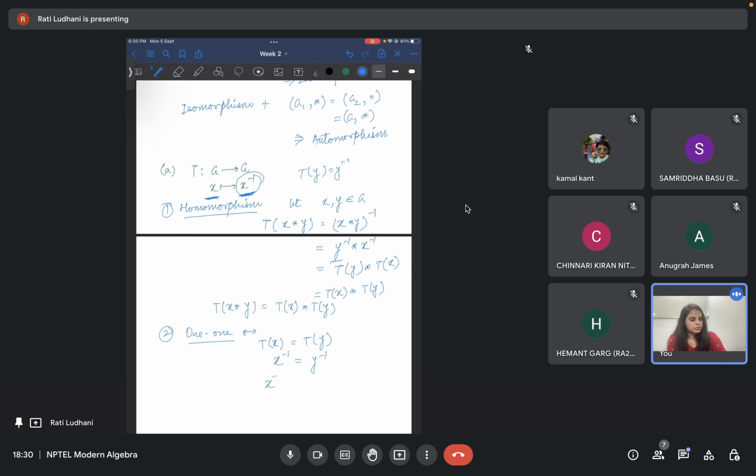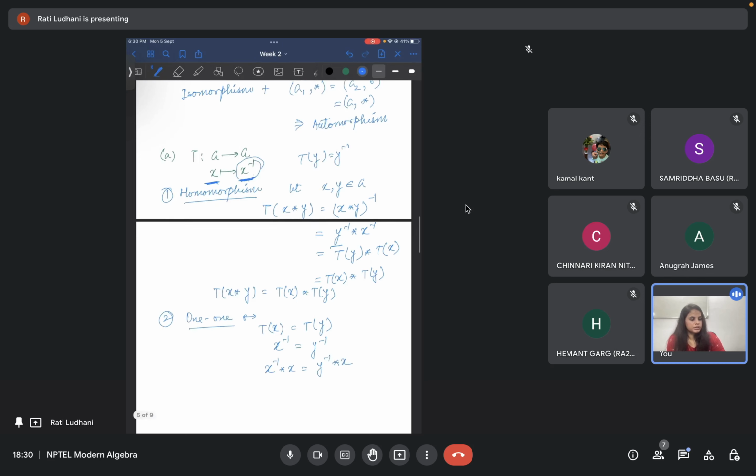Now you can multiply with x, and here you will have the identity. This is the identity of G, because there is just one group, so we have no problem. So this is e, this is y inverse star x.